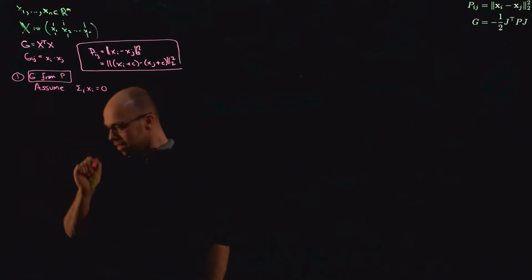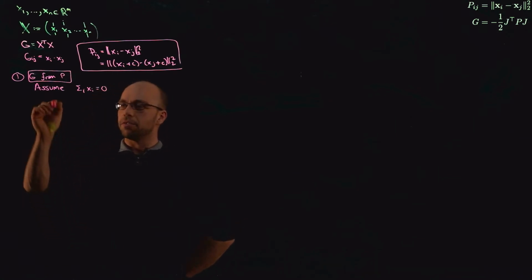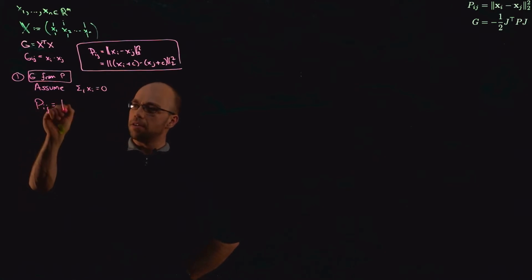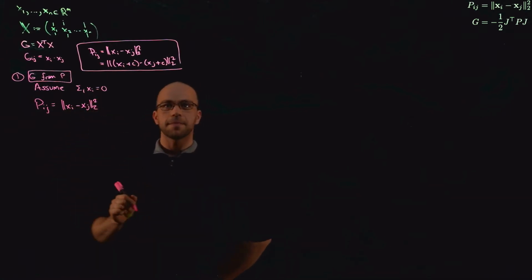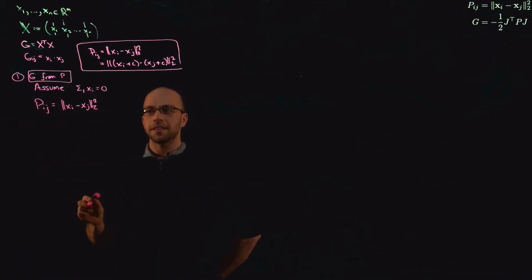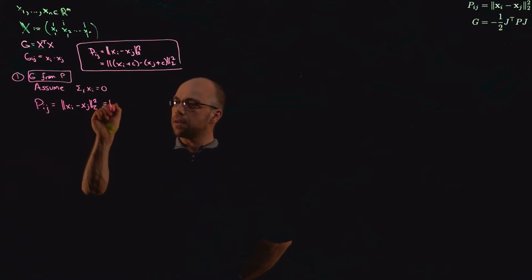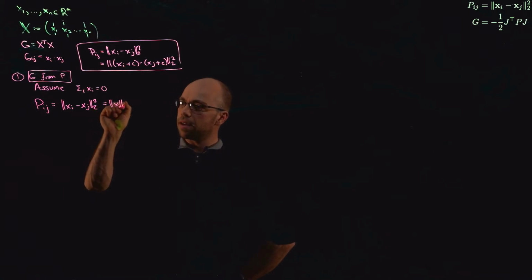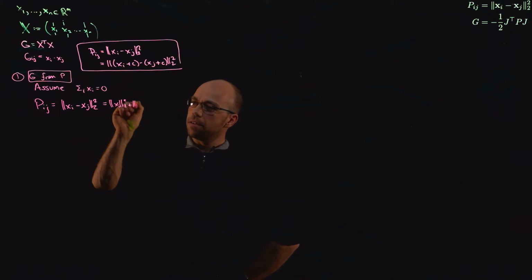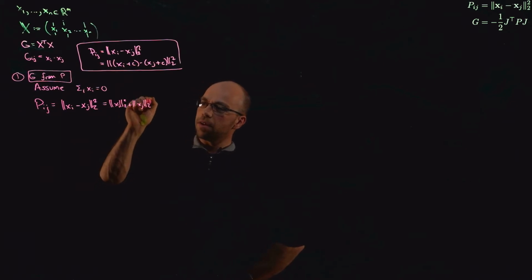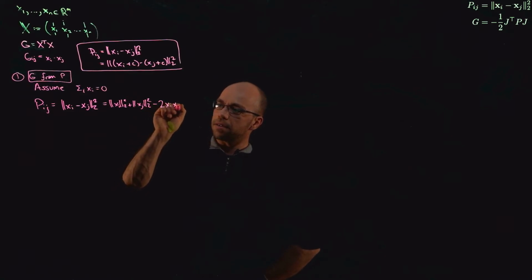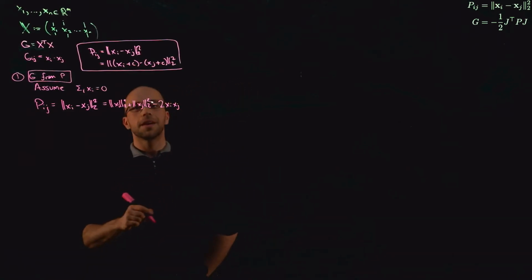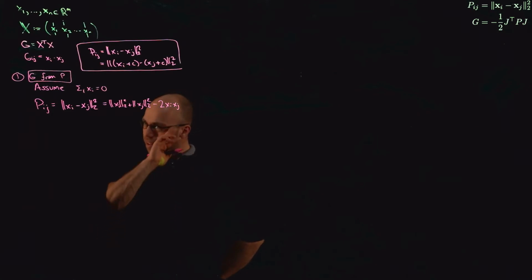So let's expand our expression for P. Again, Pij is equal to the norm of xi minus xj squared, as we've written a number of times. And now we're going to expand the square. So this is equal to the norm of xi squared plus the norm of xj squared minus 2 times the xi, xj dot product. Okay, so here's the nice thing.